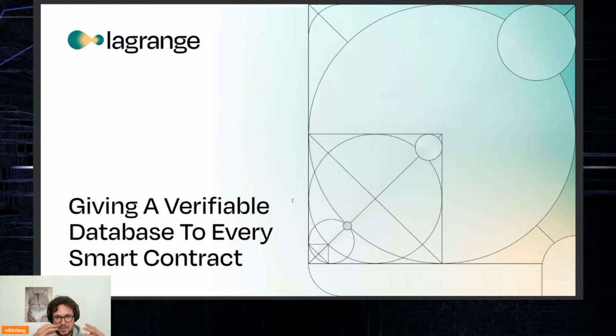So we basically need this database. I hinted before that we want it to be zk friendly, so it's really fast to compute proofs over this database. Horizontally scalable: when I spin up more machines, it should be able to compute the proof faster. And efficiently updatable.